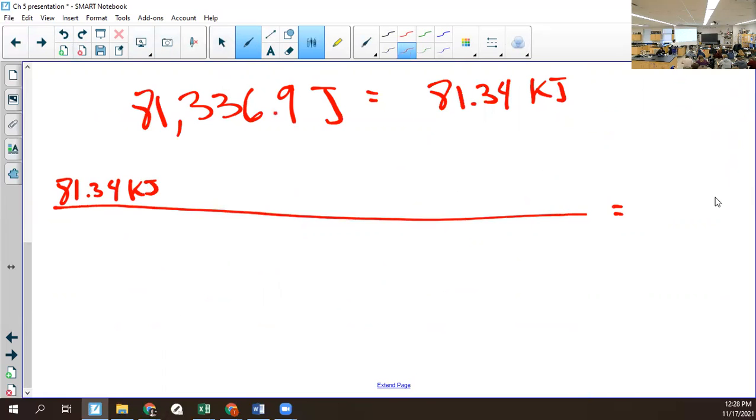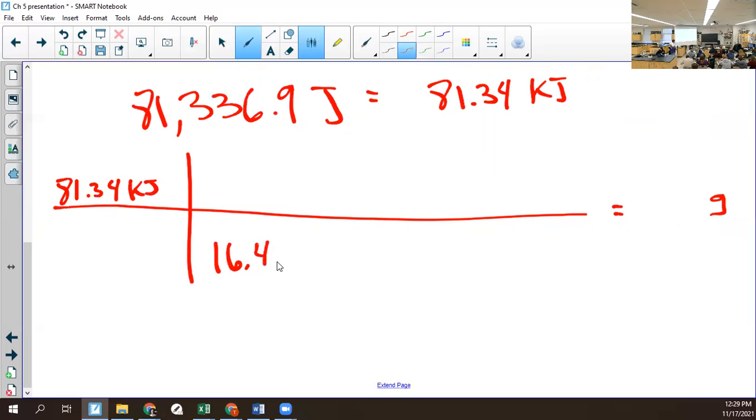What do I want to end with? Grams. When in doubt, picket fence it out. We do not want kilojoules in our answer, right? Do I have a relationship with kilojoules in it? Yes, they are for every how many kilojoules?